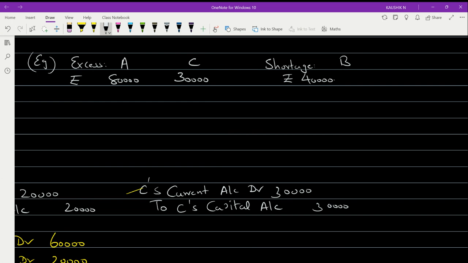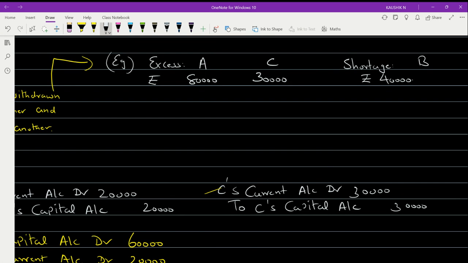Now, we have been given in the question that A has withdrawn rupees 60. Let's take the same example.